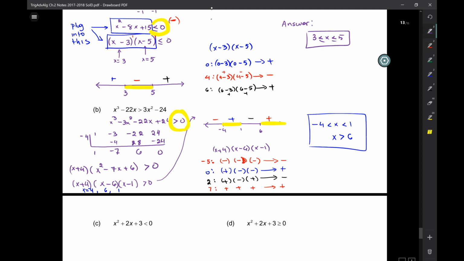Versus if it said, for example, x minus 3 squared. Do you see what I mean? If that's the case, the signs here are always going to alternate. So all you have to do is find one, and I usually pick the one where the 0 is. So like here, I would have picked 0, got plus here, and then do minus plus minus plus. They're always going to alternate.